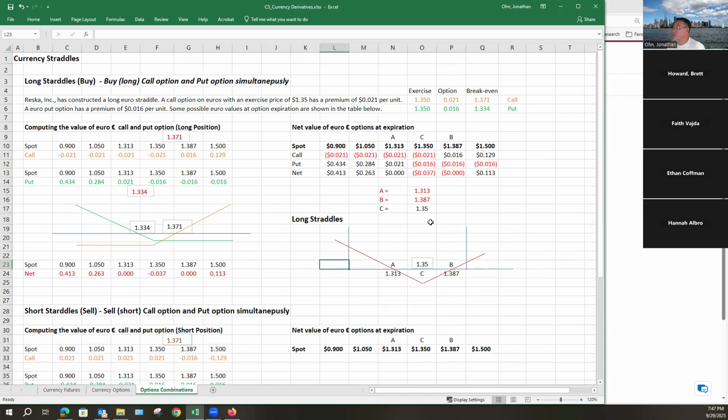If your projection is a highly volatile euro in the future, then this is your strategy.